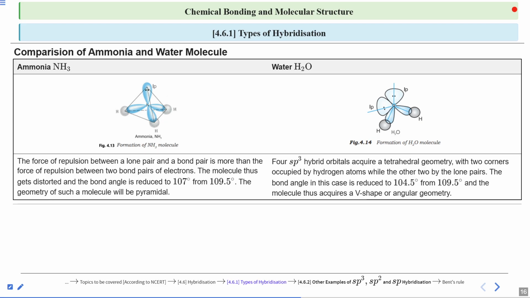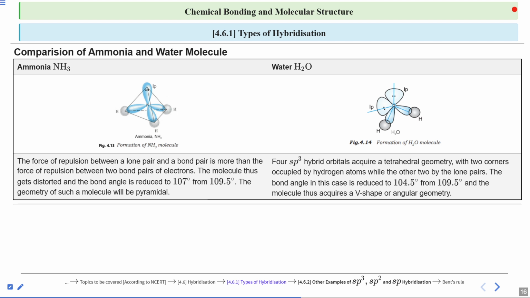So we will see that in the case of the ammonia molecule, it is distorted, right? Because of this lone pair, it is distorted, and due to extra repulsion, the angle changes from 109.5 degrees to 107 degrees. Whereas due to 2 lone pairs, in the case of H2O, your angle goes from 109.5 to 104.5 degrees.